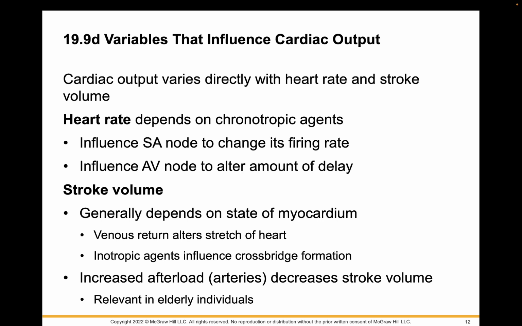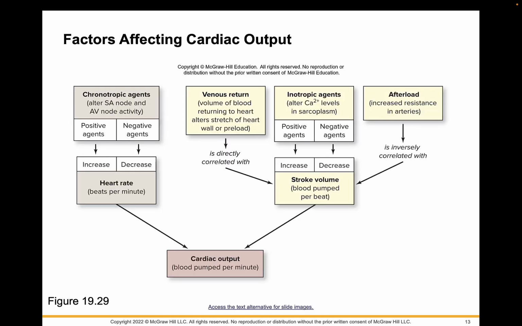Stroke volume is all about what's happening to the myocardium. Venous return will have an impact on stretch of the heart, and inotropic agents will influence cross-bridge formation. Increased afterload, which we see on the arterial side of things, decreases stroke volume. This is especially something that we see in older individuals because atherosclerosis is a chronic disease.